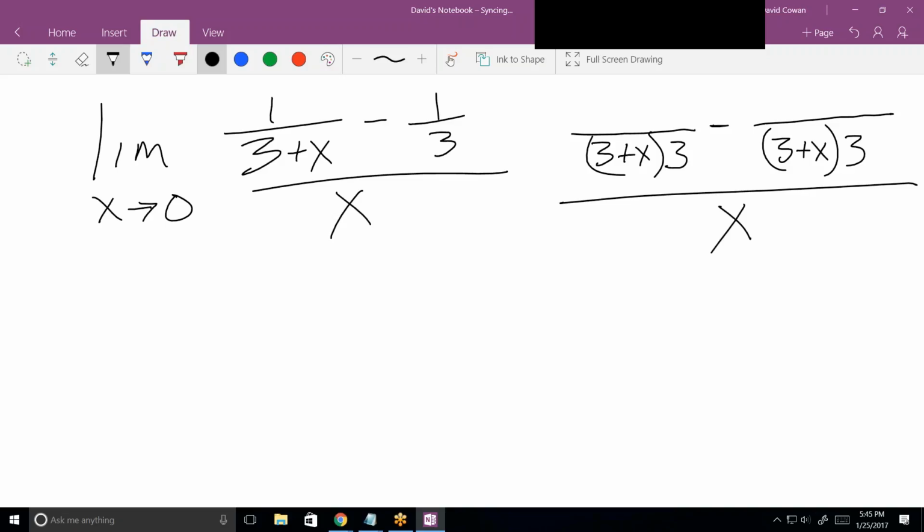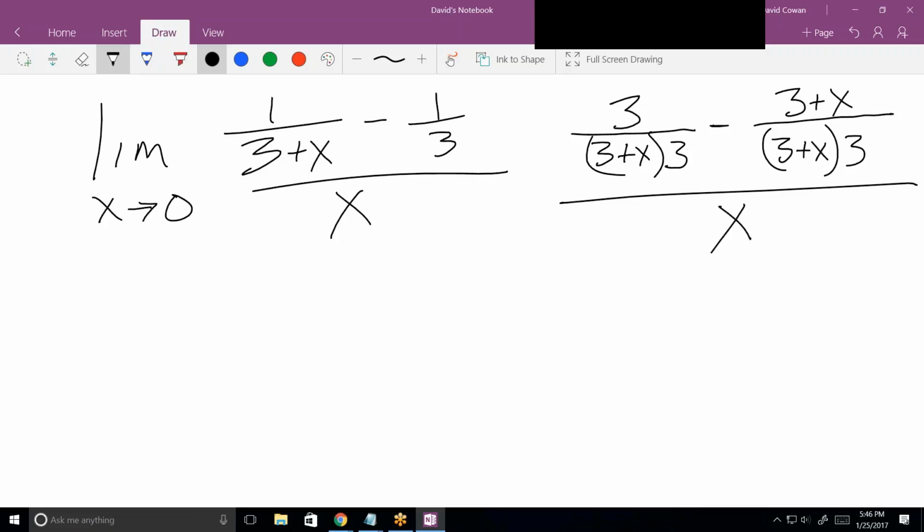I found my common denominator, so I know that's going to be in the denominator. Now I have to figure out what goes here. So that would be 3. And what goes over here? 3 plus x.